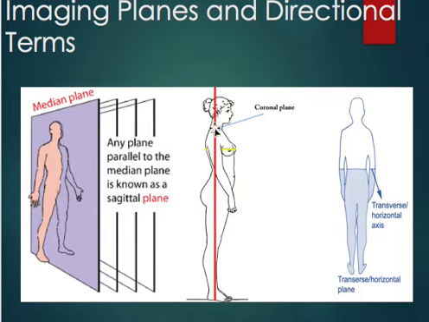The coronal plane here, this red line, is dividing the body into anterior and posterior portions. And then you've got your transverse, horizontal, or axial plane. I'm sorry, there's 3 different names, but that's just how it is. So this is dividing the body into superior and inferior portions.